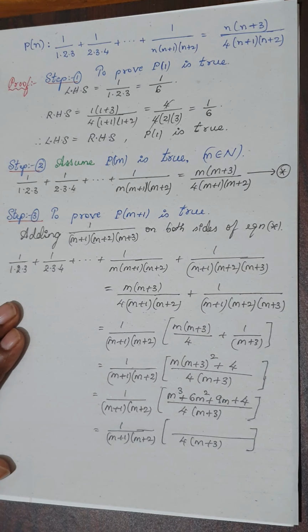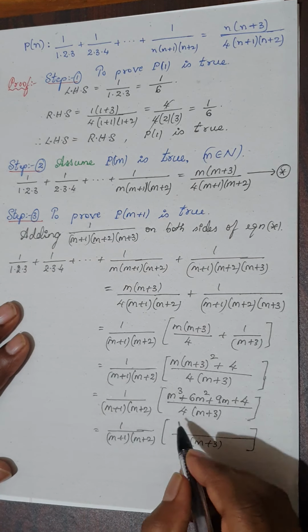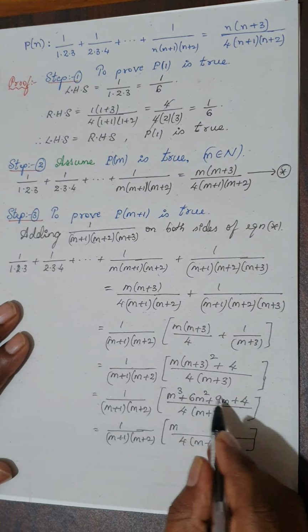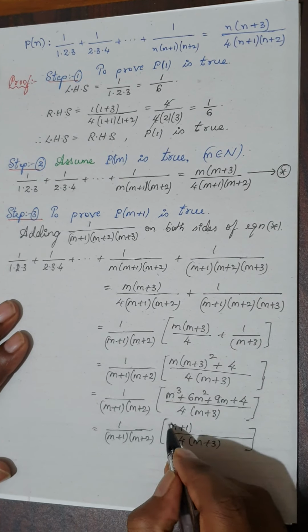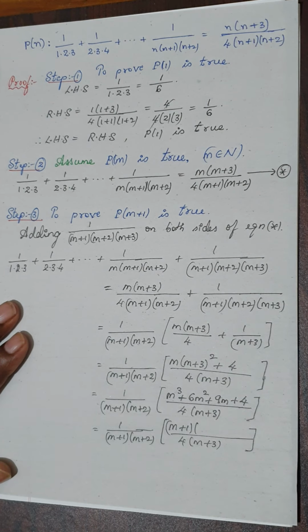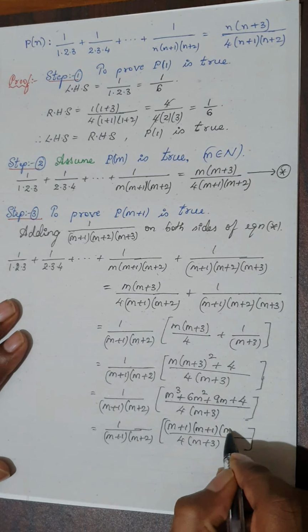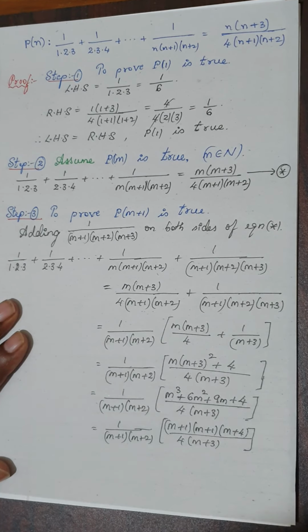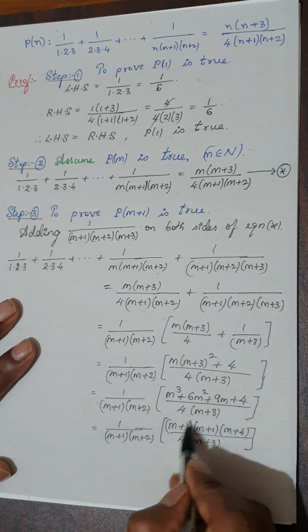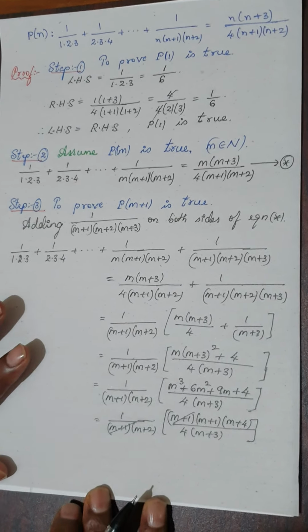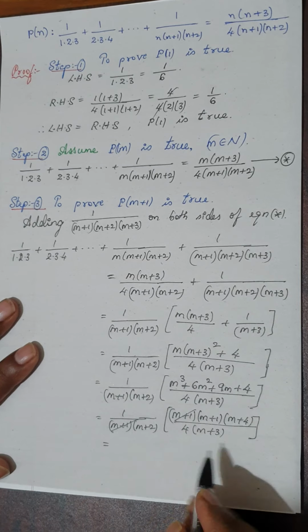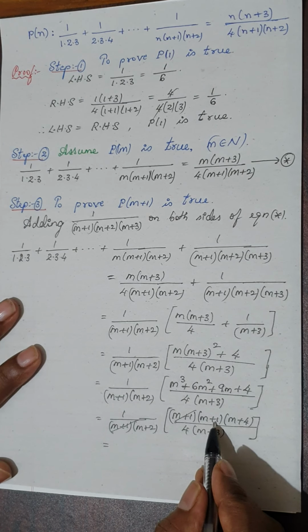You can either use the division method or the synthetic division method. By using that, you are going to get the terms. If you factorize this, you will get three terms: m plus 1 into m plus 1 into m plus 4. If you cancel the common terms which can be cancelled, you will be left with m plus 1 into m plus 4.